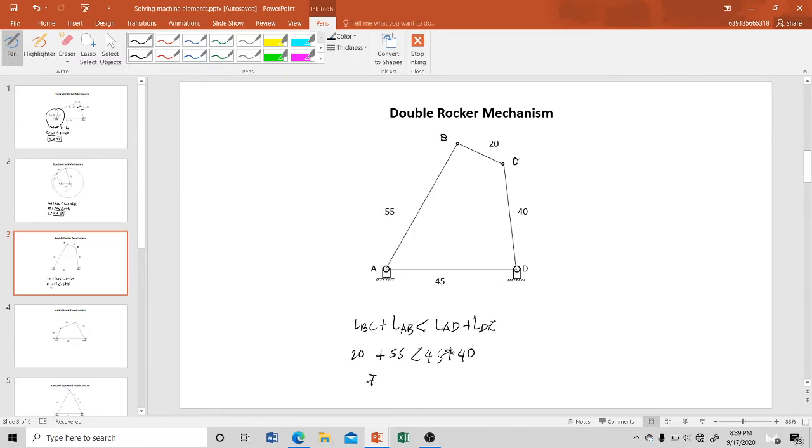So 75, 45 plus 40, so 85. So capable to full rotation gyapon. Yan din.